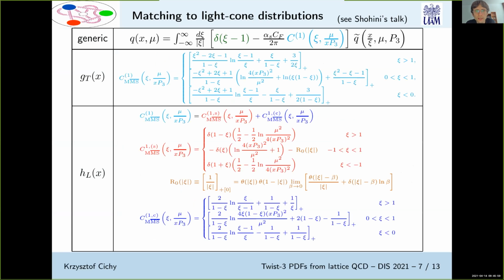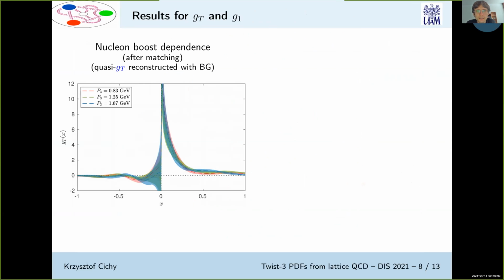Shohini was talking about the matching, so I will skip this slide. Then I show you our results for GT. This plot shows the dependence on the nucleon boost after the matching for our 3 boosts, and you can see that it's quite nicely converged. Within our uncertainties, we do not see any dependence on the nucleon boost.